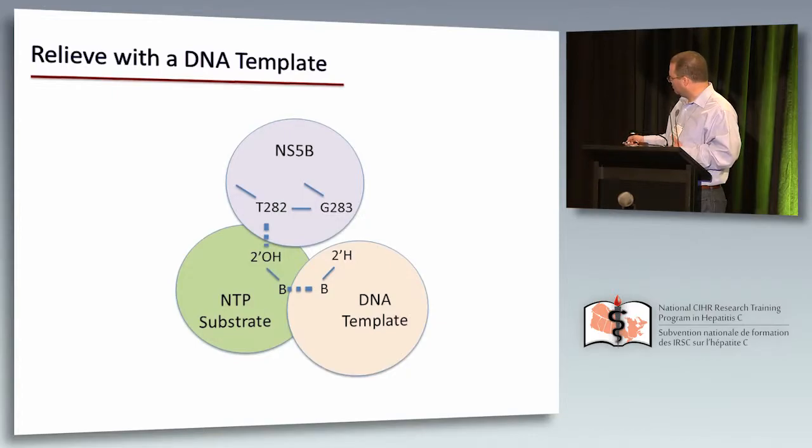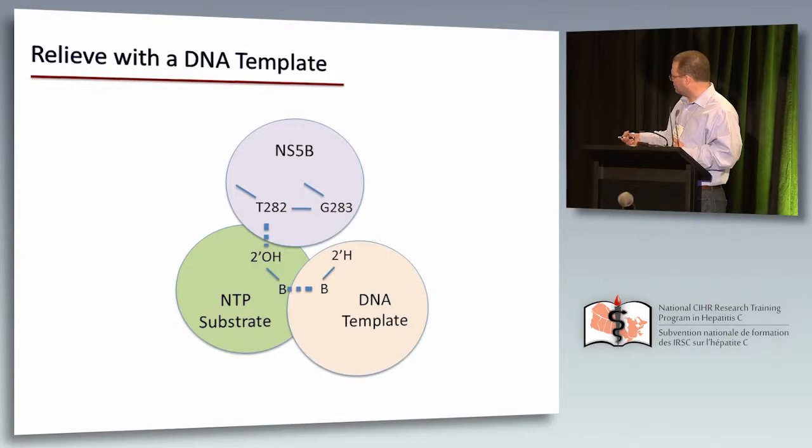Now, we did one experiment to get better evidence for this hypothesis. We basically used a DNA residue at this position. So we are disrupting now the interaction to this highly conserved G283. And in doing so, we generate a bit more flexibility in here, and that provides a relief to the steric clash between the nucleotide or the inhibitor and the resistance-conferring mutation.